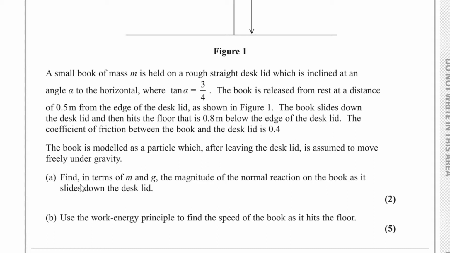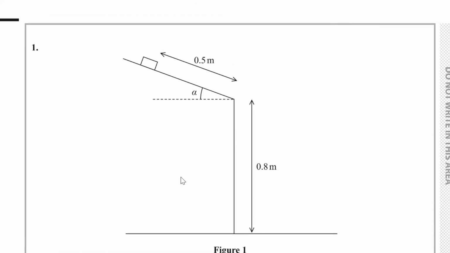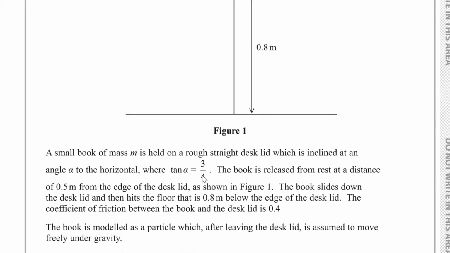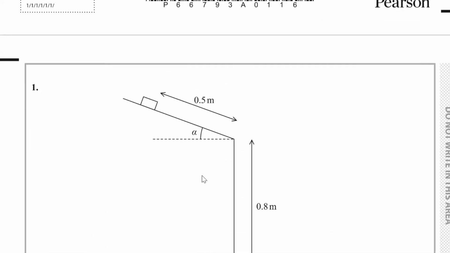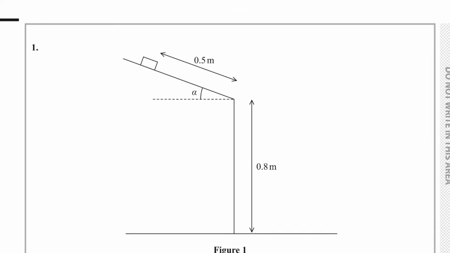For part A, we have to find, in terms of m and g, the magnitude of the normal reaction on the book as it slides down the desk lid. Now before we do anything else, we've been given information that tan alpha is equal to 3/4. And so from that information, we can form a right-angled triangle.